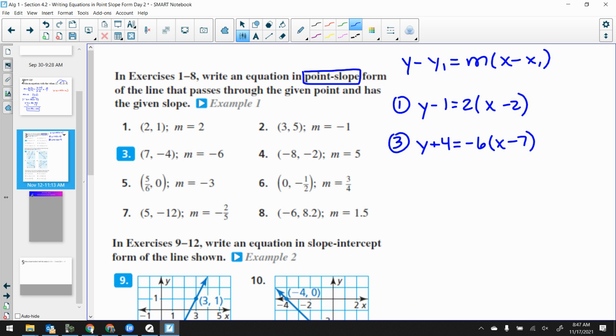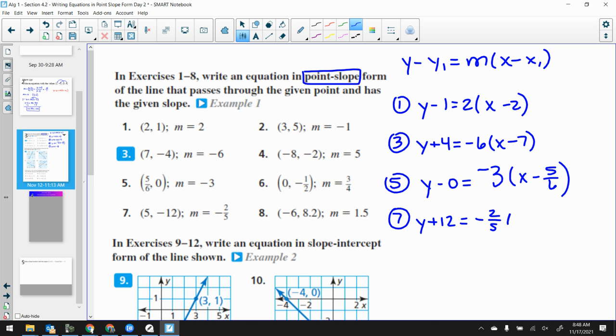Number 5, same thing: y minus 0 is equal to negative 3, x minus 5. Number 6. And then 7, y plus 12 is equal to negative 2/5, x minus 5.